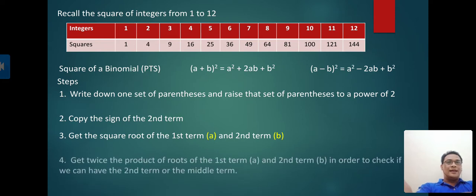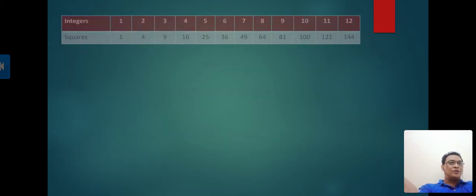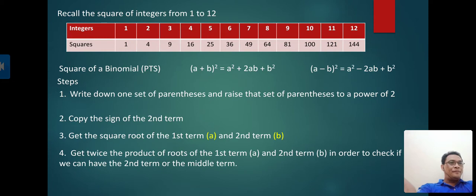Then fourth, get twice the product of the root of the first term a and the third term b, in order to check if we can have the second term, or the middle term, and in order to check whether the trinomial is a perfect trinomial square.